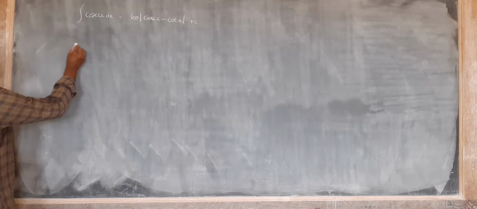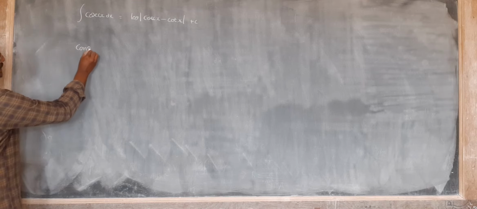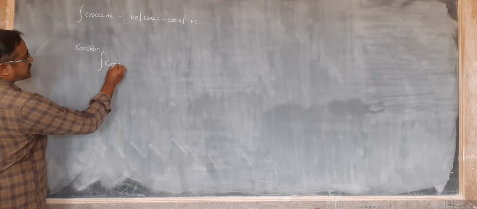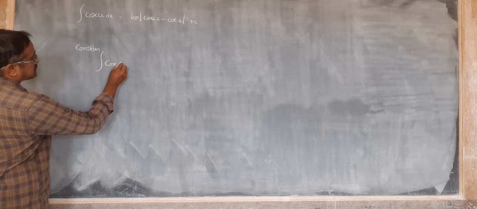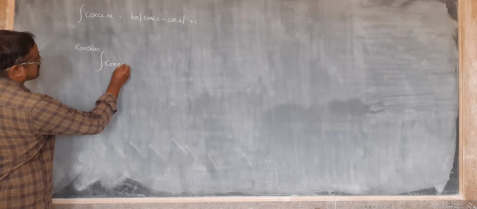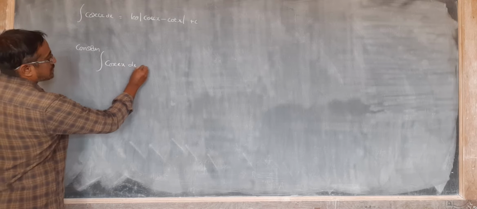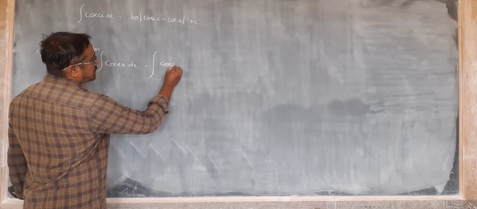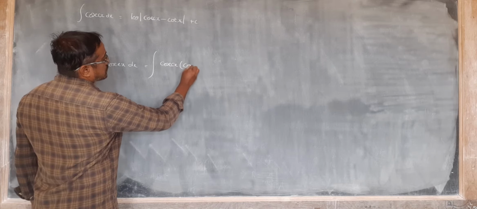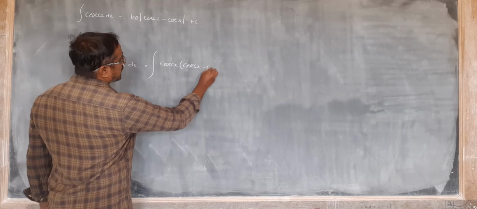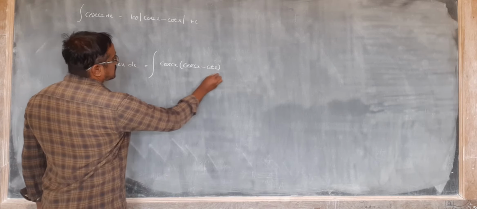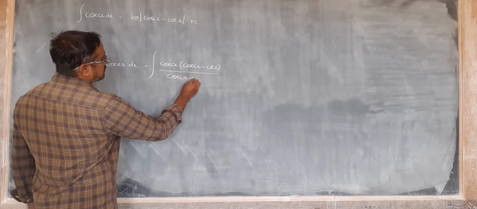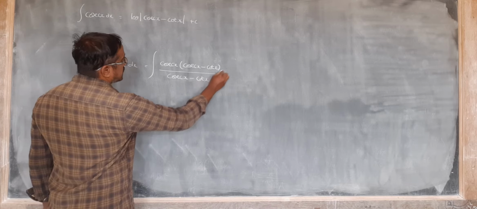Now consider integral cosecant x dx. Now this can be written as integral cosecant x into cosecant x minus cot x by cosecant x minus cot x dx.